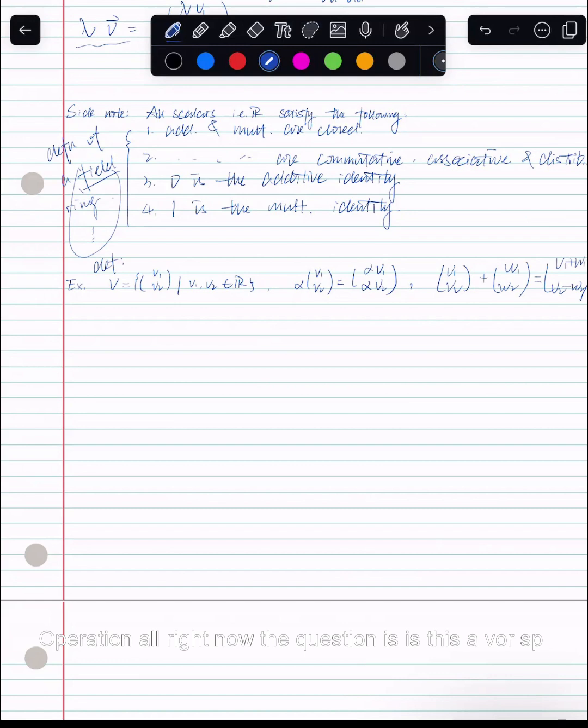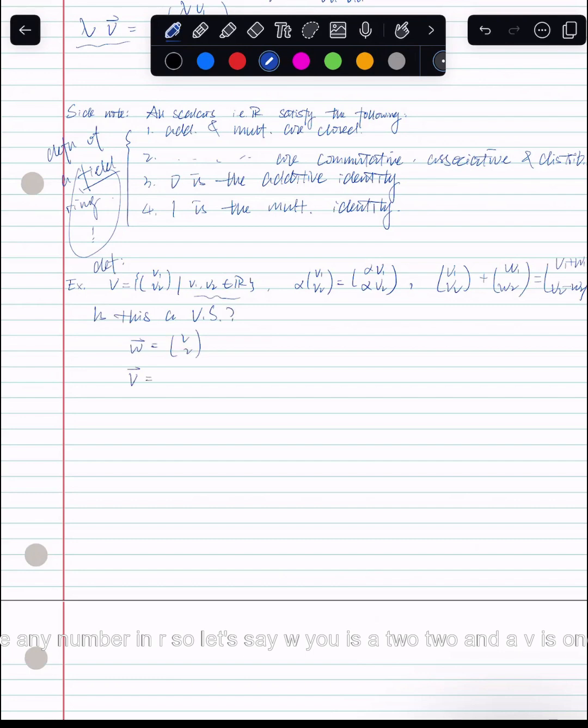Now the question is, is this a vector space? Then you need to say it's not, because there is some axiom that it does not satisfy. Give examples, because v1, v2 can be any number in R. Let's say w is (2, 2) and v is (1, 1).